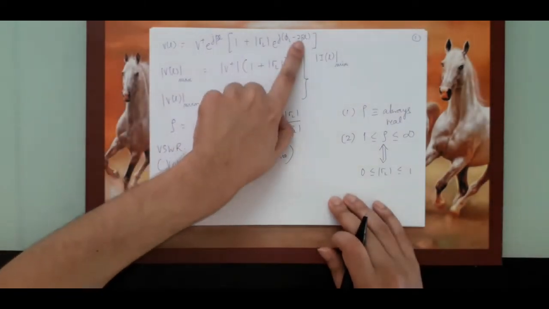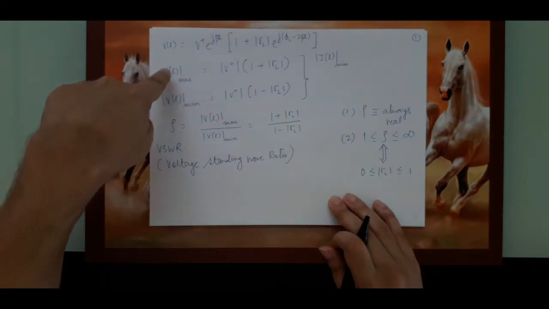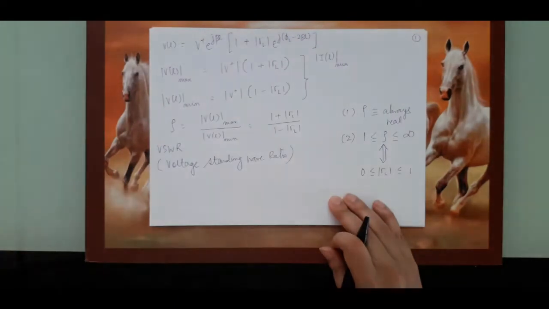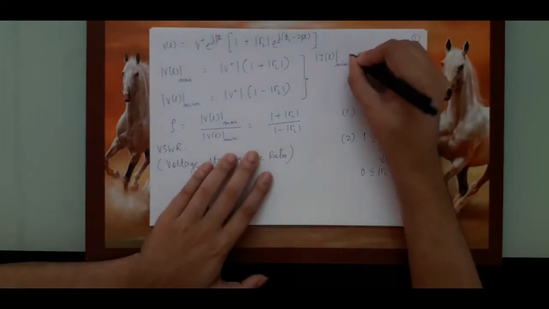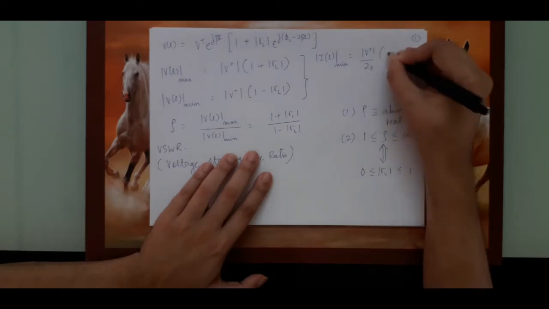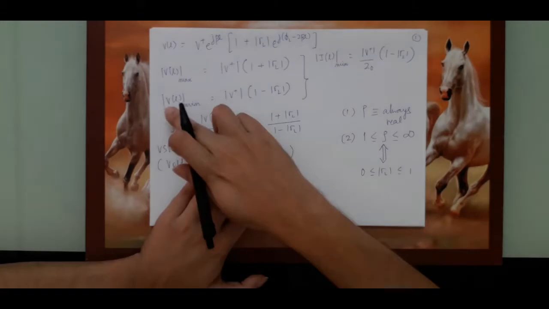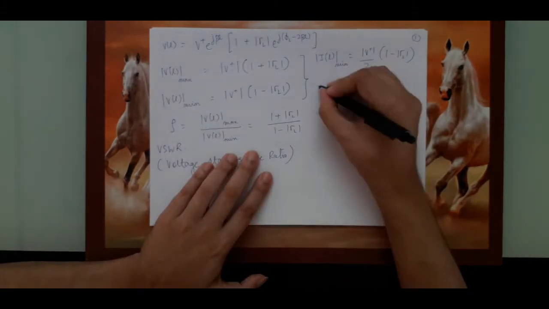Whenever this phase becomes equal to even multiples of pi, you get a VL max and an IL min. So this is nothing but... and likewise, when you have VL min, you get IL max.